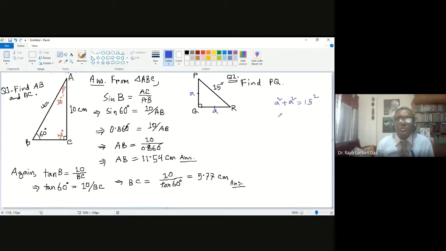So it is 2A square, and it will be 225. 15 square is 225. So A square will be 112.5, and A will be root over 112.5. So it is 10.8.